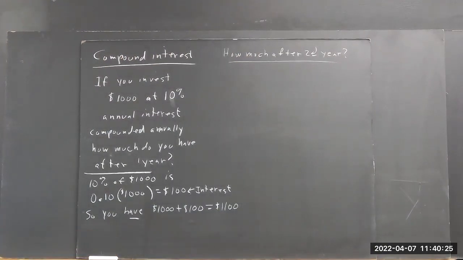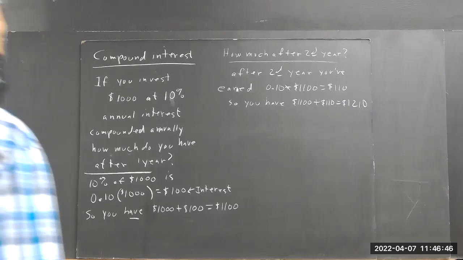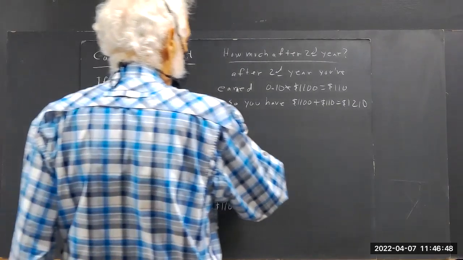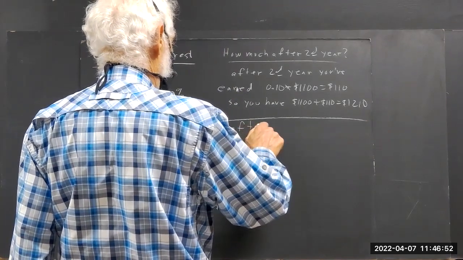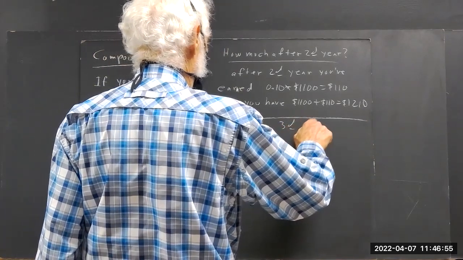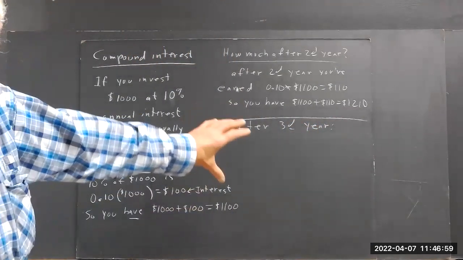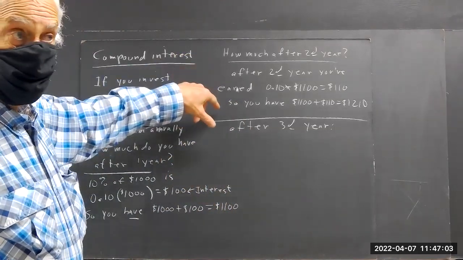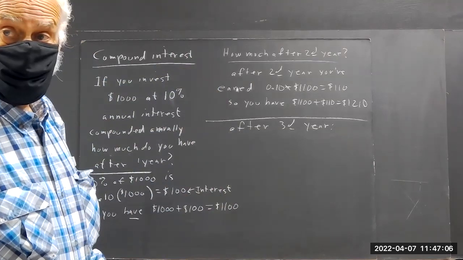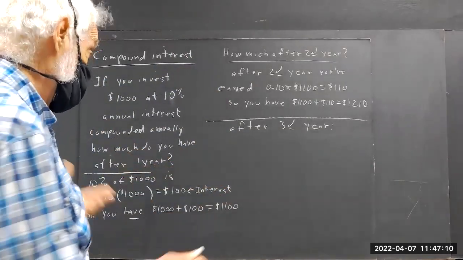Okay, 10% is easy. After the third, you're not going to write out all the words. You should understand all the words, and you should be writing out all the words until you're sure you understand it. But we're going to write out all the calculations.